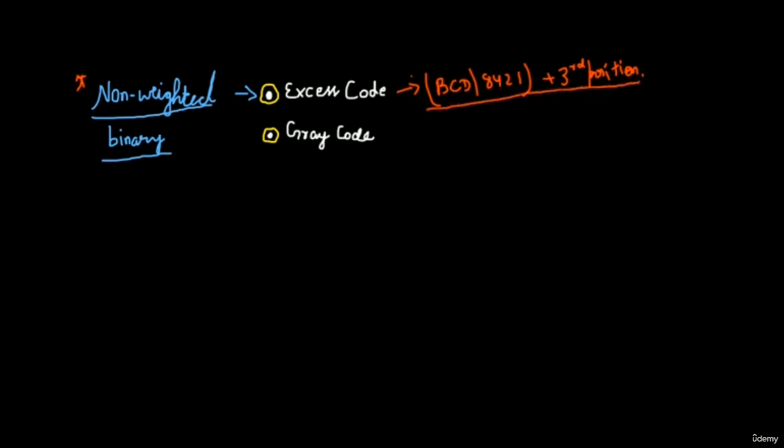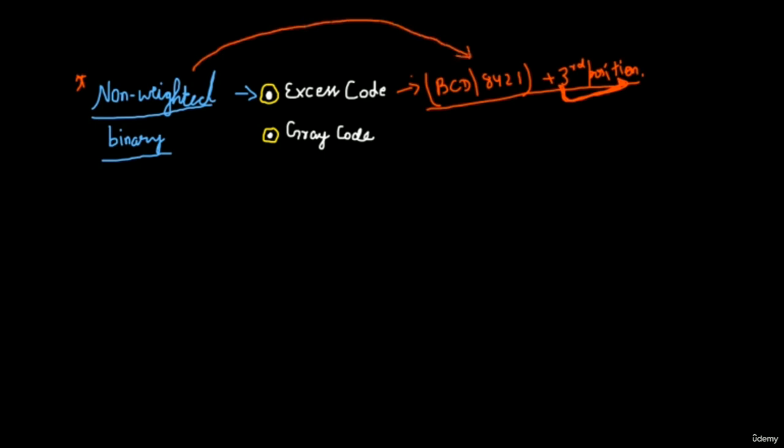The non-weighted binary is also being considered in this one. So I hope you have got the clarification. Because of this plus 3 sequence, it lost its status as weighted binary and became non-weighted binary.